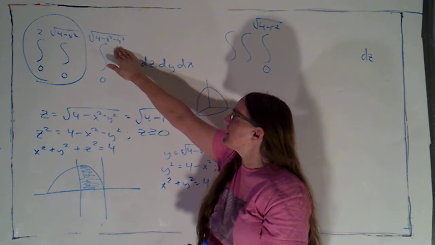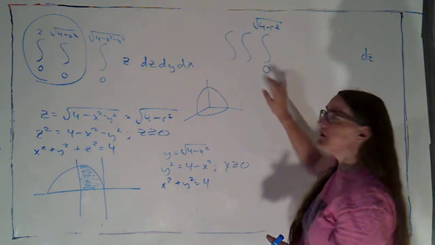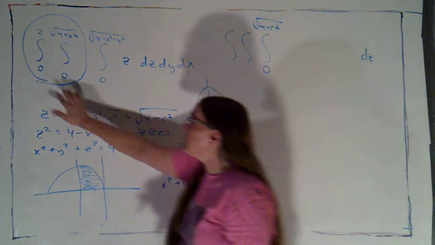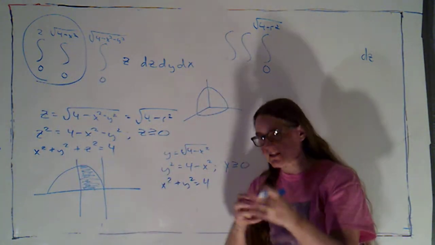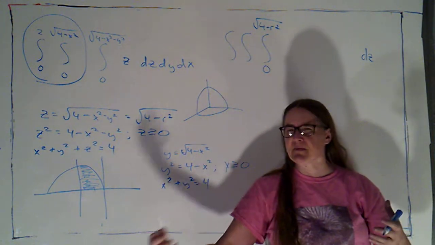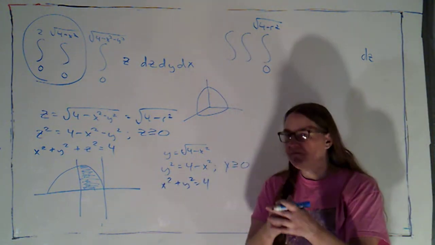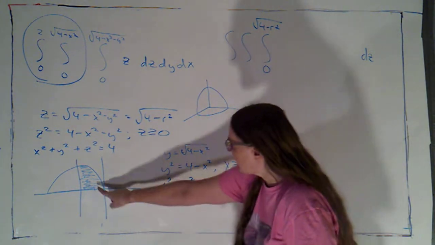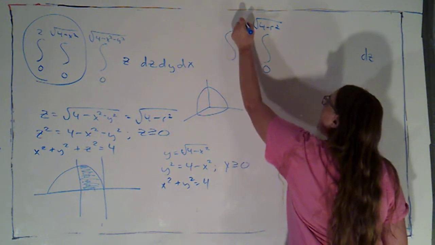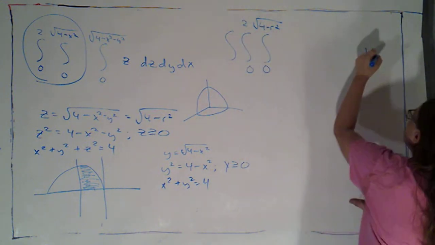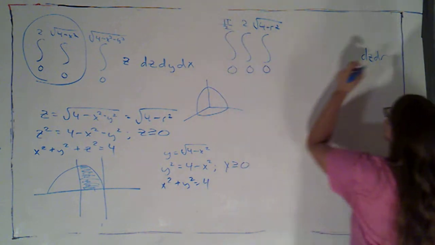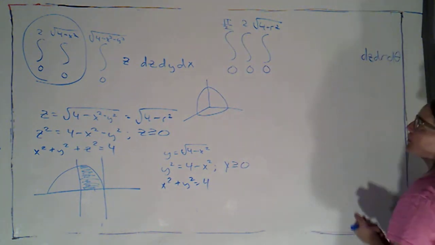I'm literally just translating these functions into their corresponding formulas in cylindrical coordinates. Not so with x and y, because I'm switching x and y together to r and theta. It's not like x becomes r and y becomes theta. But we figured out that we're working over this quarter disk. Over that quarter disk, r is going to vary from 0 to 2, and theta's just going to go from 0 to pi over 2, so that we get that quarter of the disk.